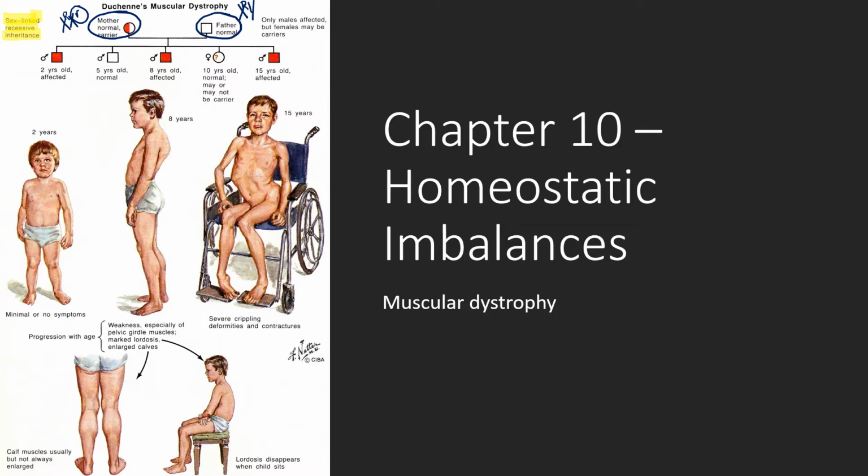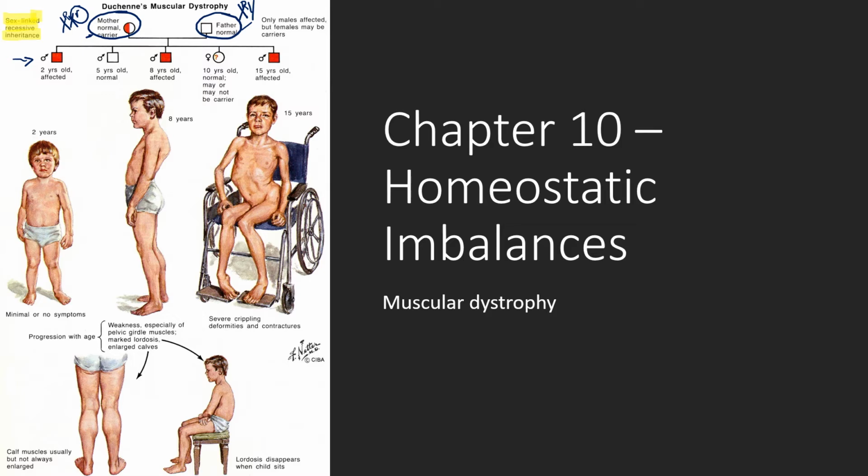Now, because this mutated gene is on the X chromosome, and because men only have one X chromosome, muscular dystrophy usually strikes in boys almost exclusively. We often don't really see it in women all that much. So as you can see here, because the mother is a carrier, she can actually pass that gene down to her sons. And that's actually what we see in this family tree here.